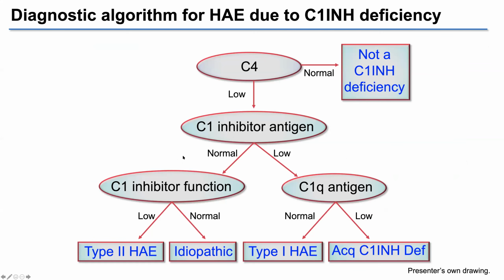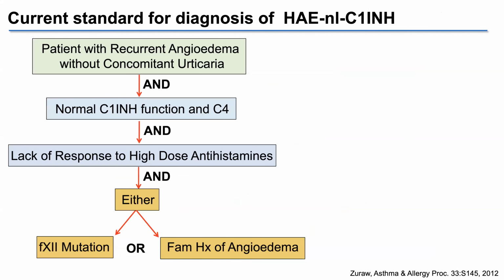This just shows how simple it is to, by measuring C4, C1 inhibitor antigen, and C1 inhibitor function, really distinguish HAE types 1 and 2. And by measuring C1q, it helps us figure out who has acquired C1 inhibitor deficiency.